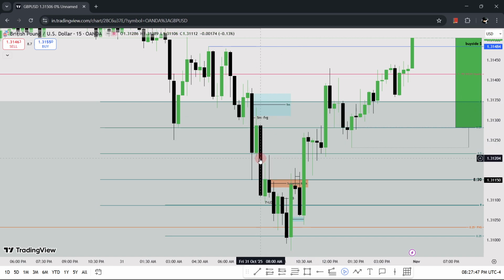You have this 15 minutes really up there. Extending it, you can see how the market reacts to that 50-minute fair value gap.